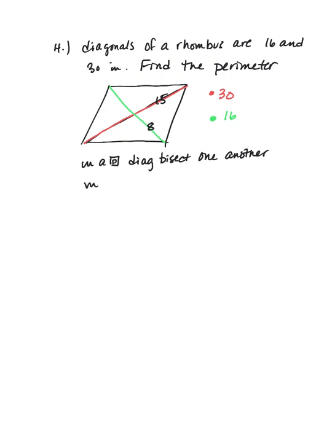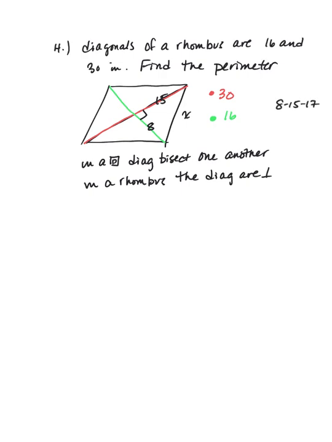Now, in a rhombus, not only do the diagonals bisect one another, because a rhombus is a parallelogram, but the diagonals are perpendicular. So that means you have a right angle here. So I can find this side. When I find the side, I can either memorize 8, 15, 17. So therefore it's 17.